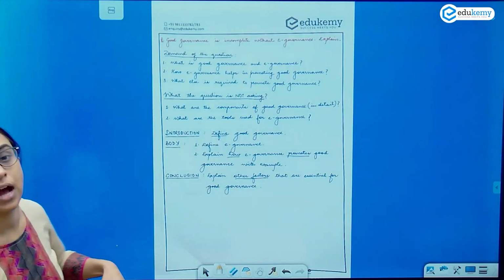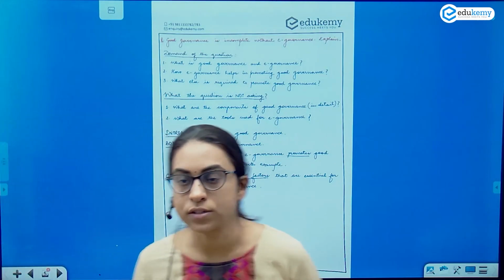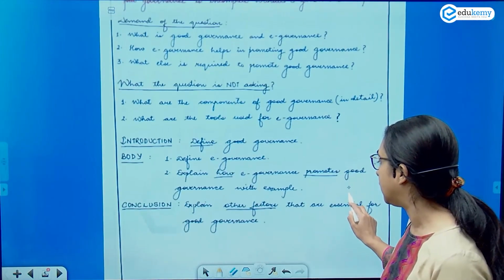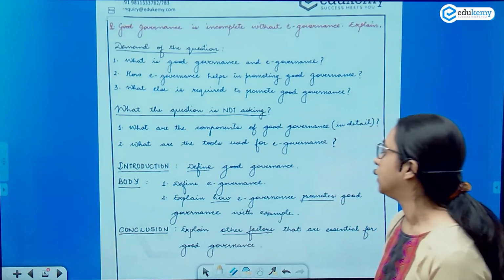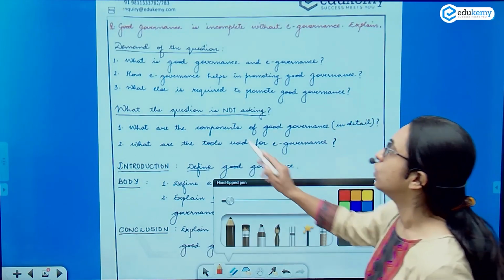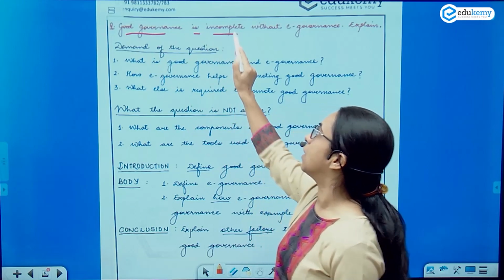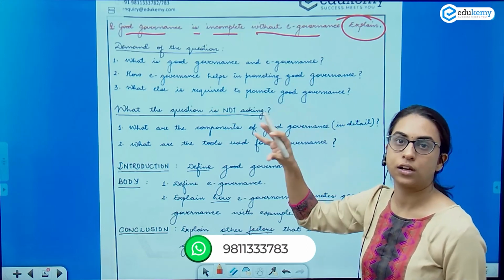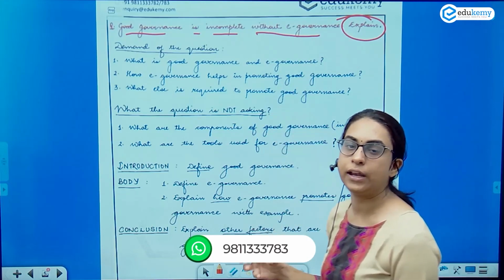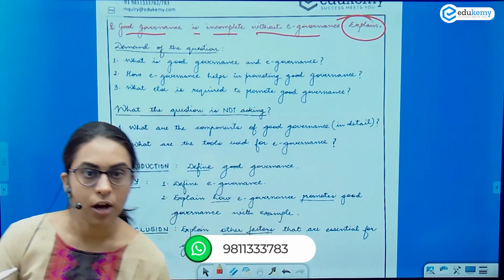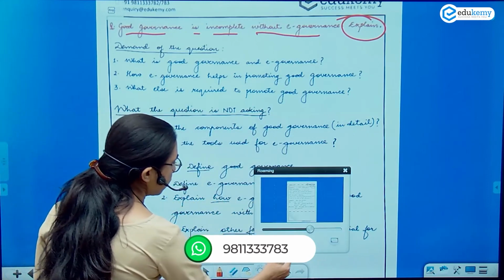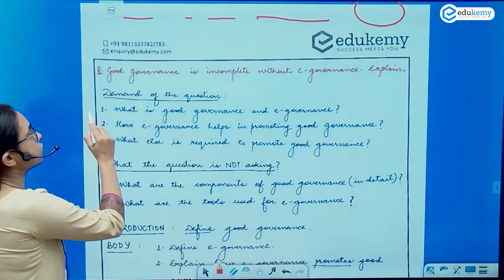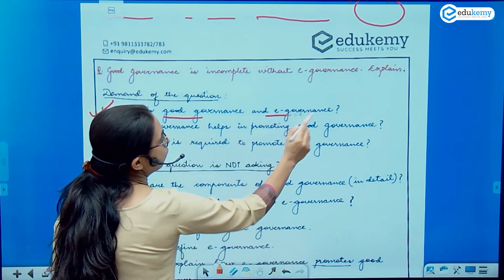And how do you write? How do you structure this? What is the structure for such a question? If I read this question in detail once again: good governance is incomplete without e-governance. Explain. What is the demand of the question? The demand is, what is good governance? What is e-governance? You should know this.